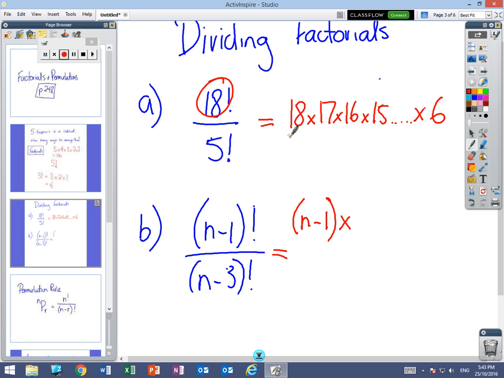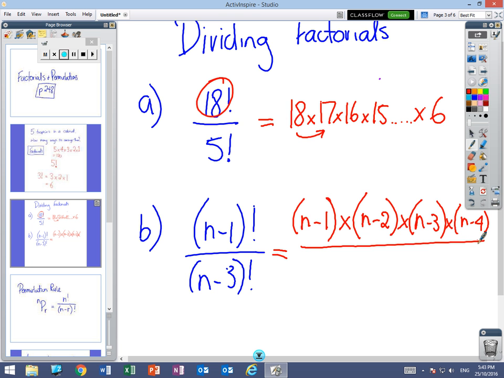Well, from 18 to 17, it just subtracts by 1. So we are just reducing by 1. And I'll put the next one in too, n minus 4.